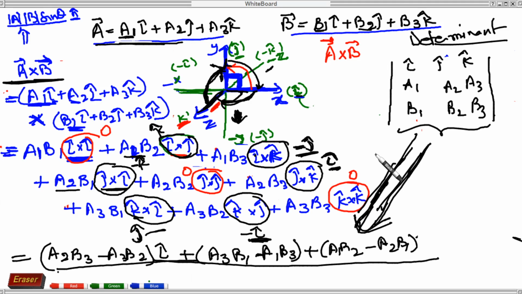I think it's sufficient for today. In this way we can find the dot product and cross product if we are given any two vectors. I think it's k here, I forgot to write it. Okay, it's j.